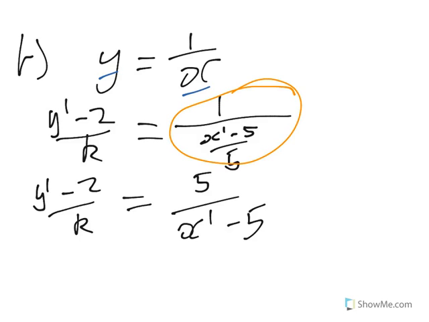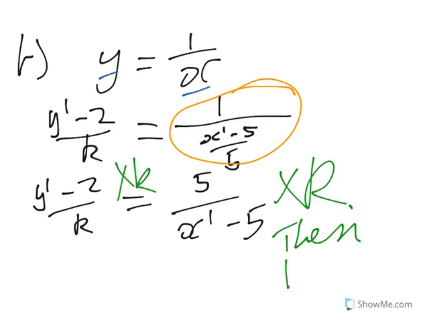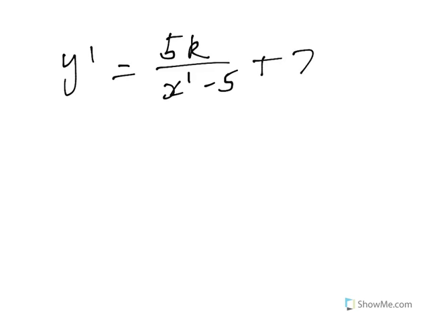A bit of rearrangement to be doing. If we times by k both sides, first of all, and then after that add 2, you end up with y dash equals 5k over (x dash minus 5) plus 2.